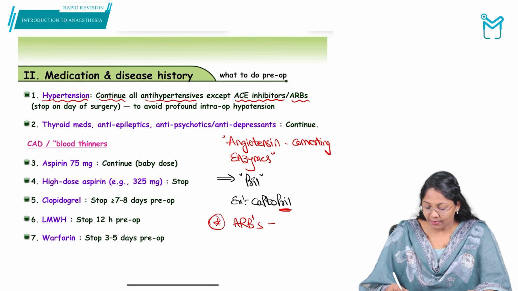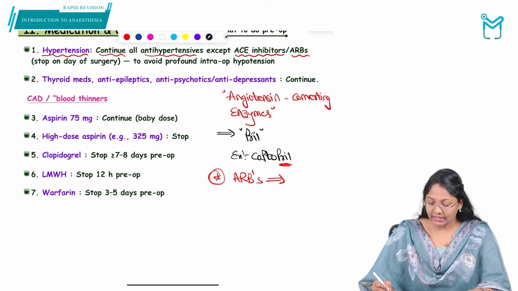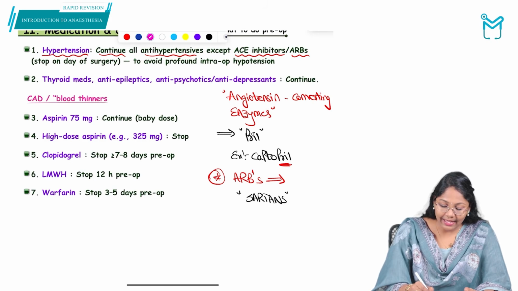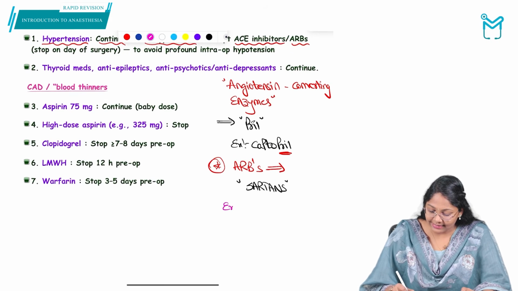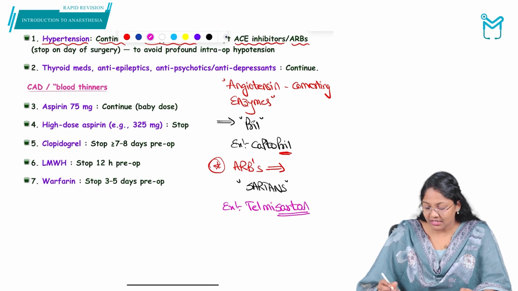The mnemonic for this is, they end with sartans. The drug name ends with sartans. For example, telmisartan. So these are the drug names which end with sartans.